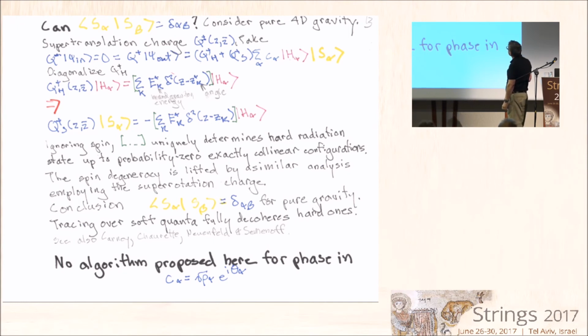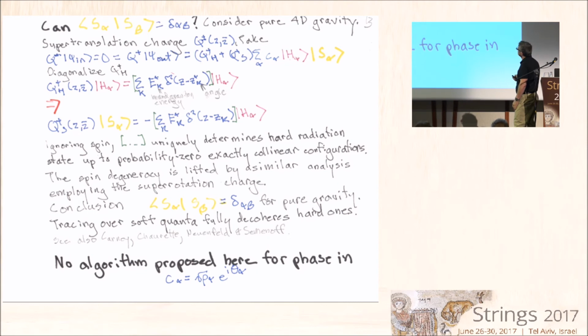And here we have, again, this conservation law, which has a soft piece and a hard piece. We have to work in a basis which diagonalizes the hard piece. So let's choose that basis. And if we take an incoming state in which all the supertranslation charges vanish, then the soft part must equal the hard part.